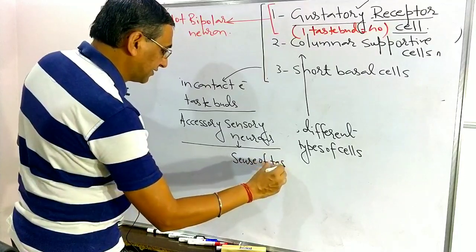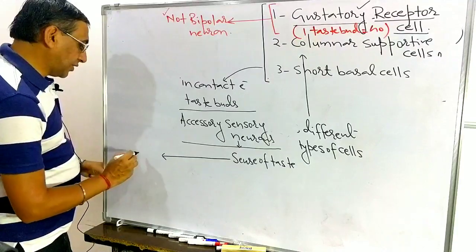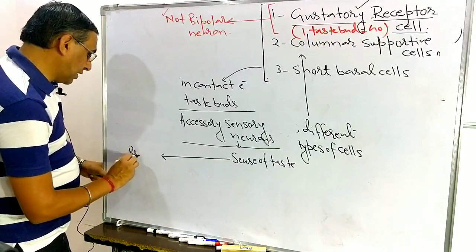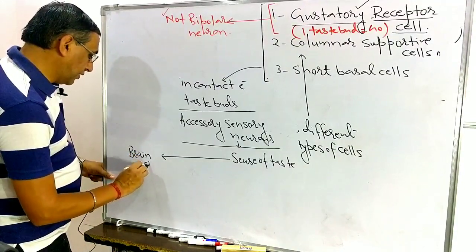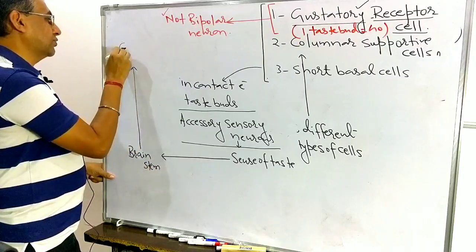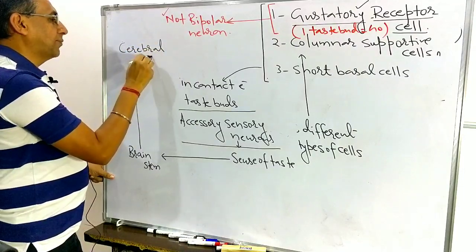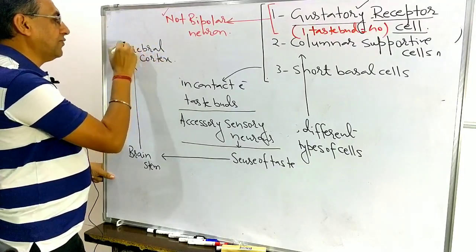Now this action potential is going up to the brain stem, and from the brain stem it is going into the cerebral cortex. So now the brain is deciding the type of taste.